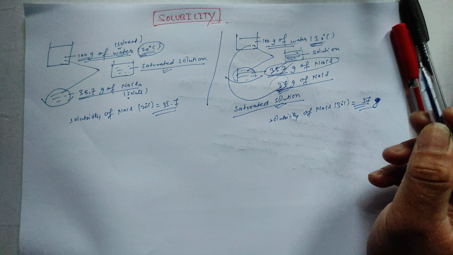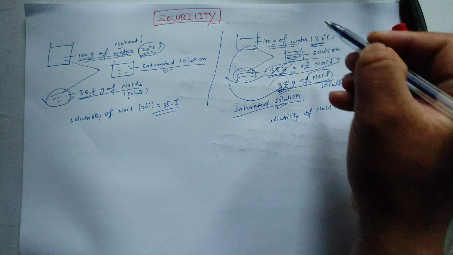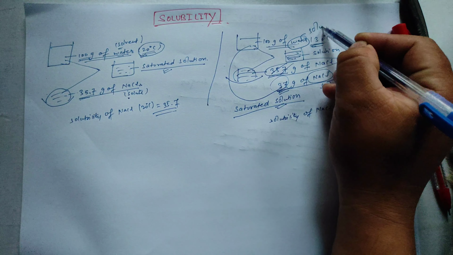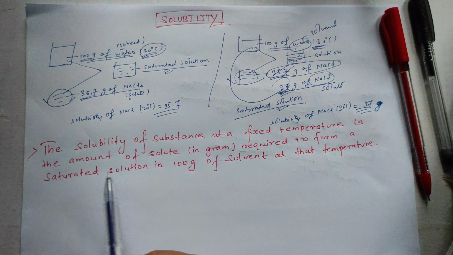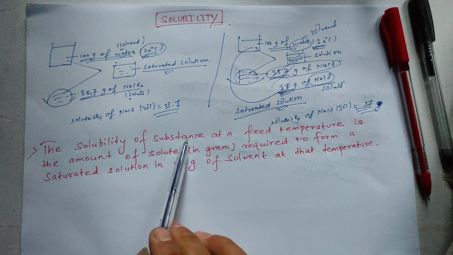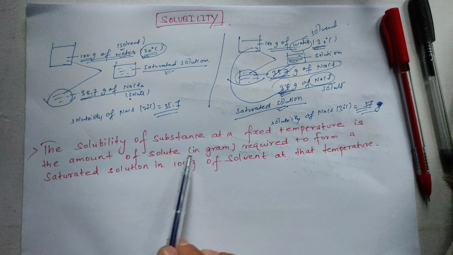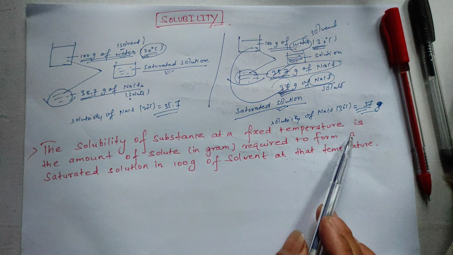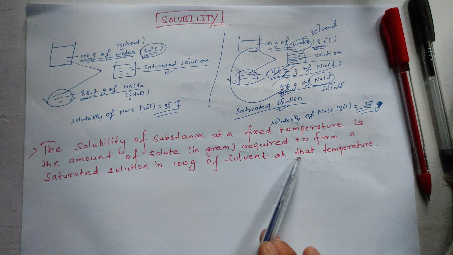All right, here sodium chloride is an example of solute and water is an example of solvent. So the solubility of substance at a fixed temperature is the amount of solute in gram required to form a saturated solution in 100 gram of solvent at that temperature.